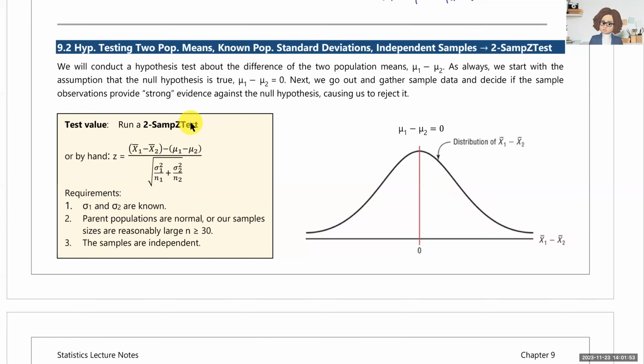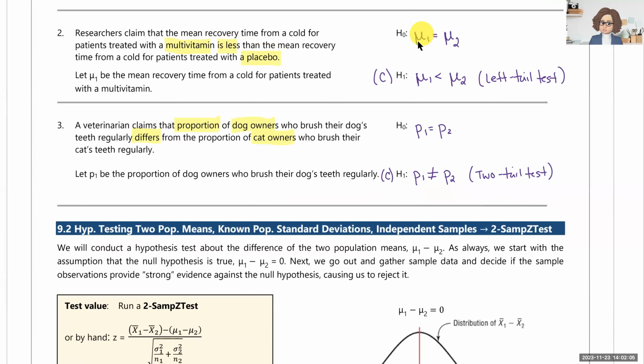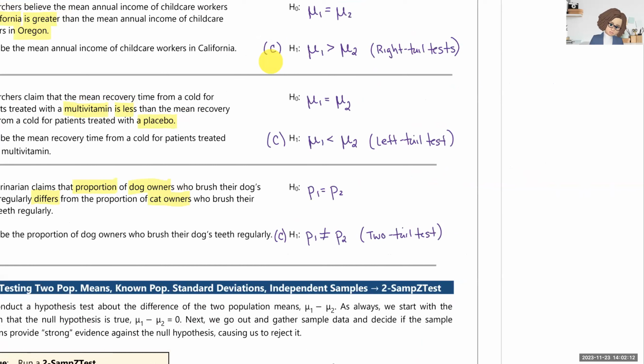And then when we conduct the test, we actually collect our sample means and look at the difference between them. So our null hypothesis here, let's just go up here for an example. Our null hypothesis for the multivitamin placebo group, if the 2 means are equal, just going to add another way of saying that. So if the 2 means are equal, that means if we take population mean 1 and subtract population mean 2, the difference between those would be 0.